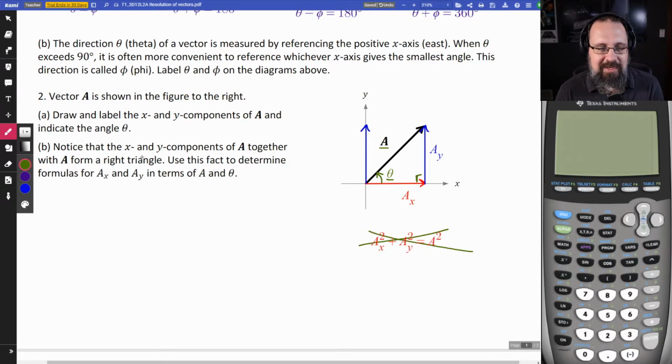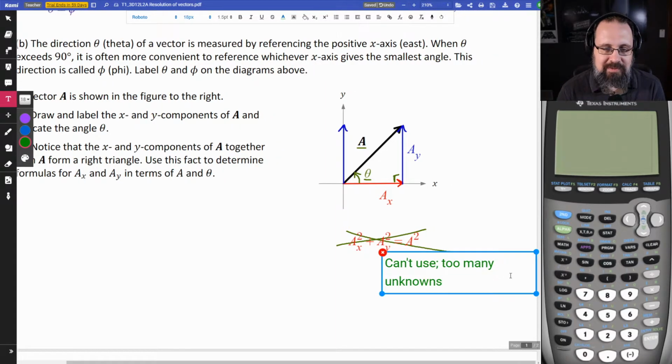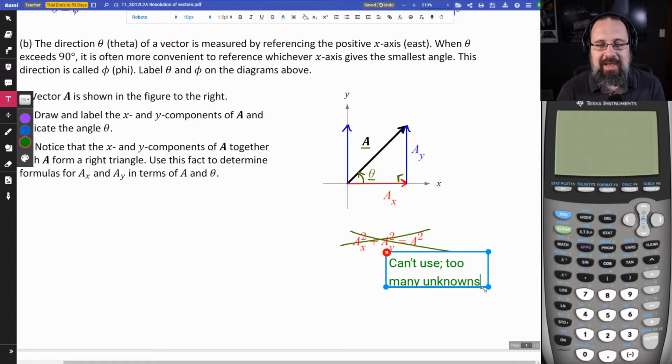I'm going to draw an X through it, and then I'm just going to write a little note here that says, can't use, too many unknowns. And so we're going to have to come up with a different way of algebraically figuring out these magnitudes. And that different way ends up being trigonometry.